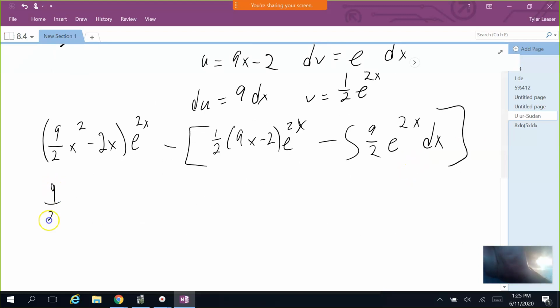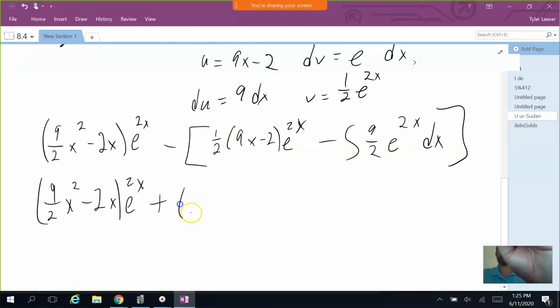This stays. This minus sign is going to be distributed onto both of these terms. So this is really a negative 1/2 that's going to go onto everything here. So I'll write that as negative 9/2 x, and that's going to be plus 1 e to the 2x.